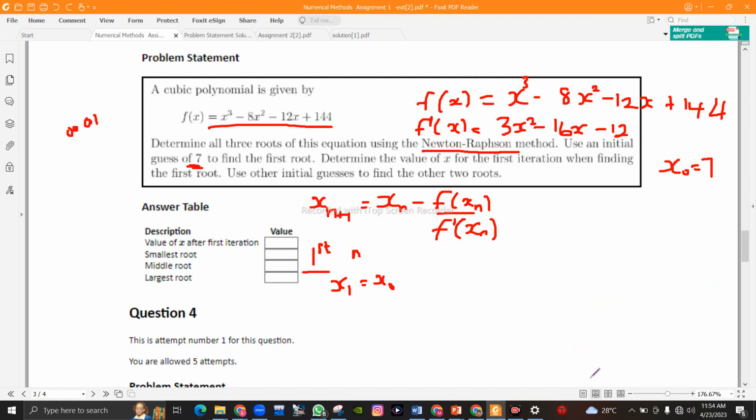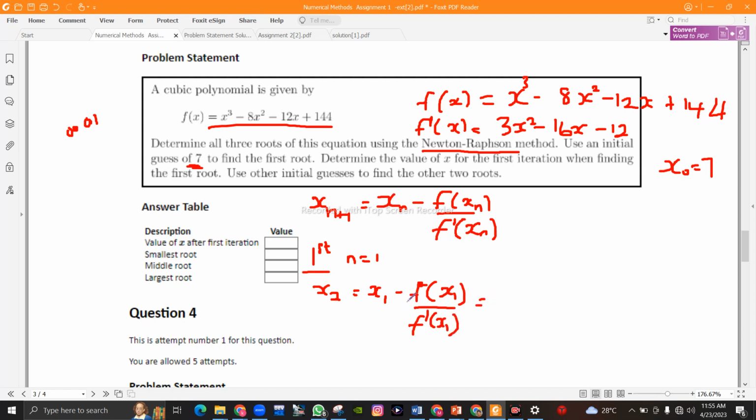So let's go to the second iteration. Second iteration, our n is 1. Our n was 0 previously, so this will be x2 equals x1, because n is 1 now, minus f of x1 divided by f prime of x1. We got our x1 earlier.